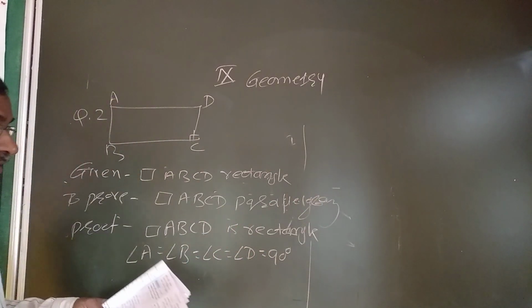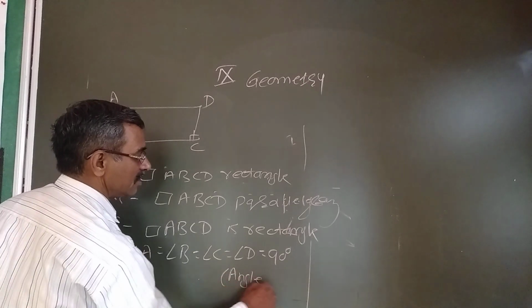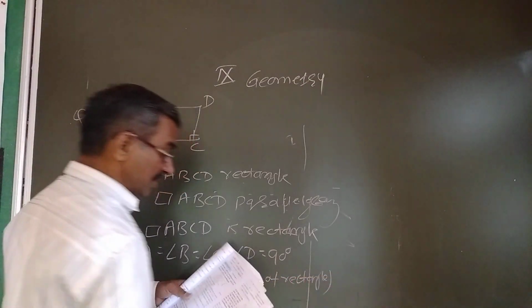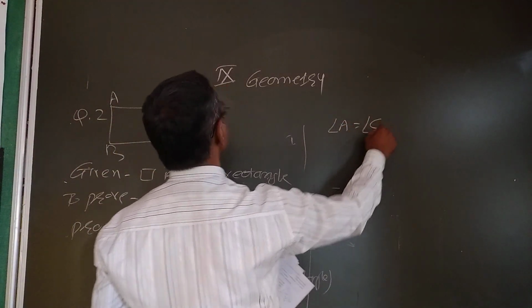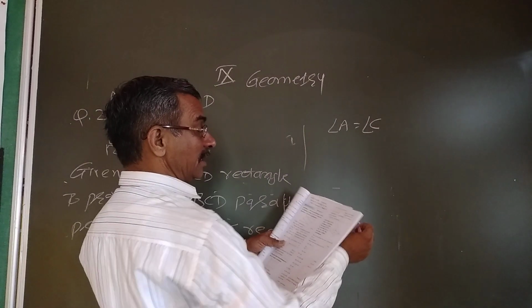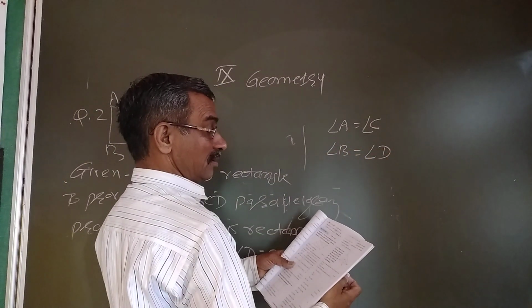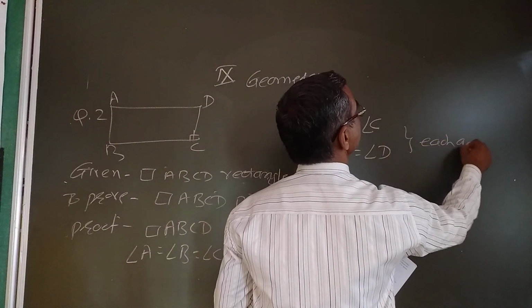The reason is: angles of a rectangle are of 90 degrees. Therefore, angle A and angle C are opposite angles, and angle B and angle D are opposite angles, because each is 90 degrees.